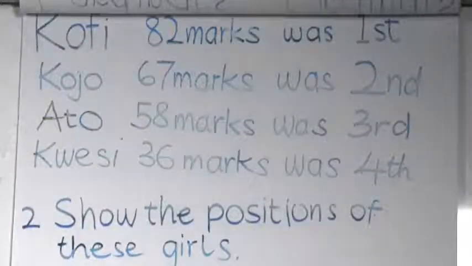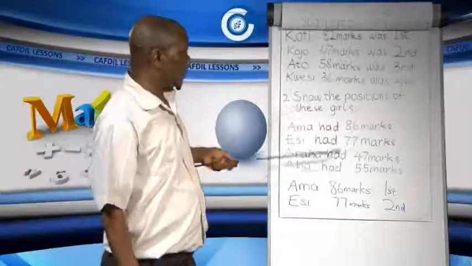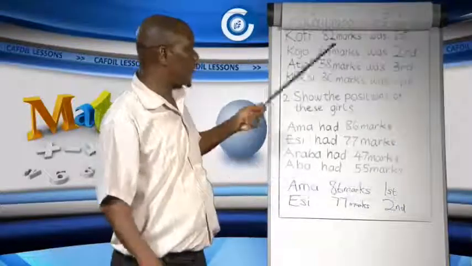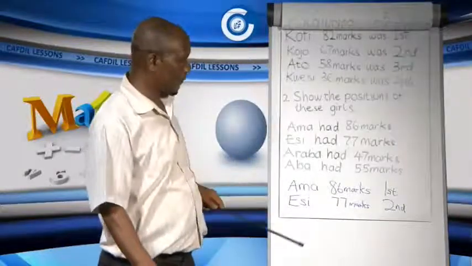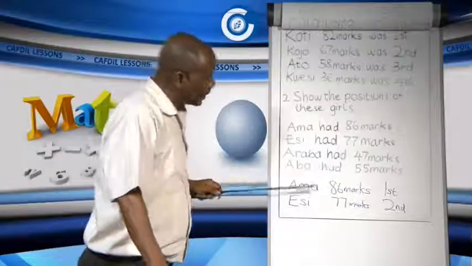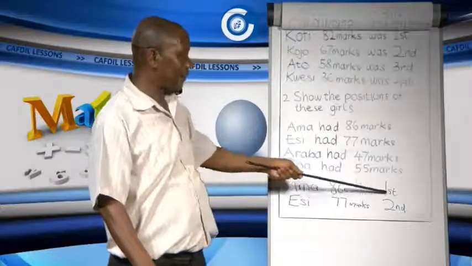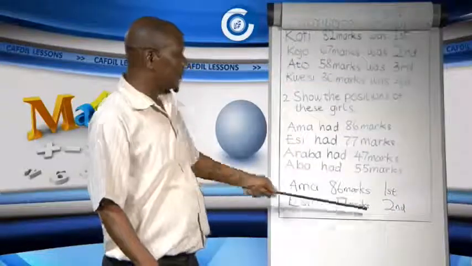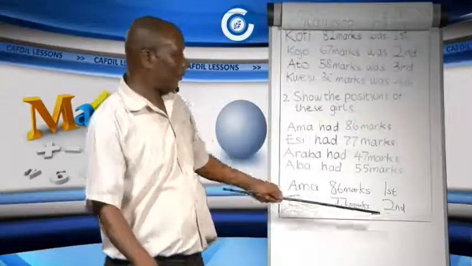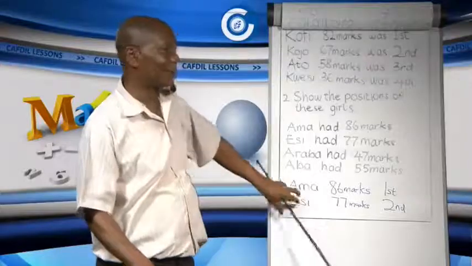So we can see the positions of the girls. Amma was first with 86 marks. AC was second with 77 marks.